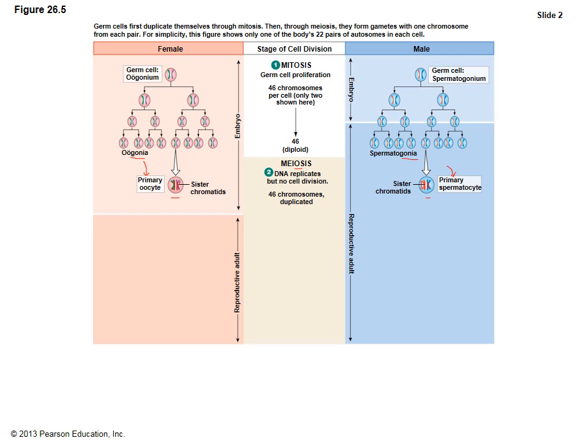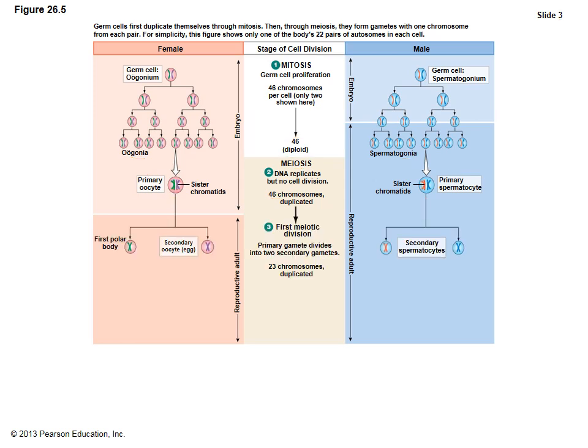Now these primary oocytes or spermatocytes contain twice the normal amount of DNA. So no cell division has taken place, but there has been replication of the DNA. There are 46 chromosomes still, because that's the diploid number they started off with after the first mitosis process. But now these 46 chromosomes have been duplicated into sister chromatids.